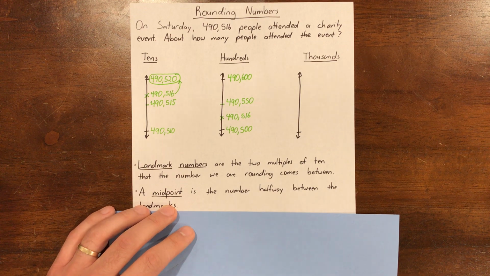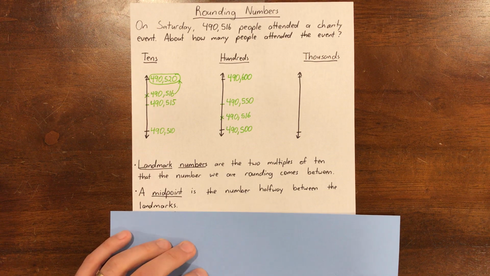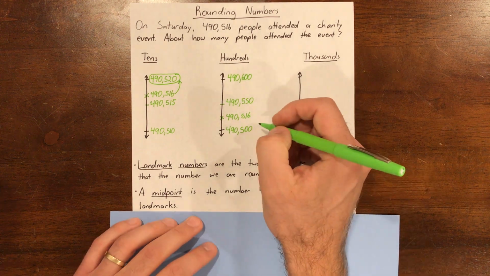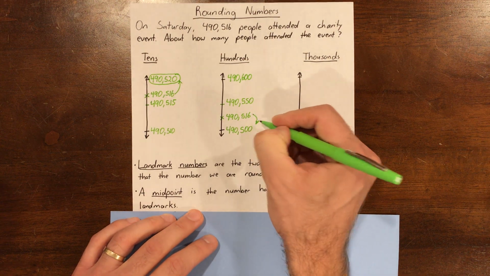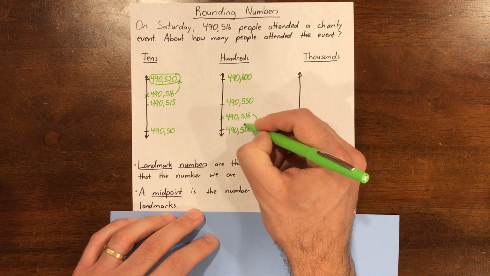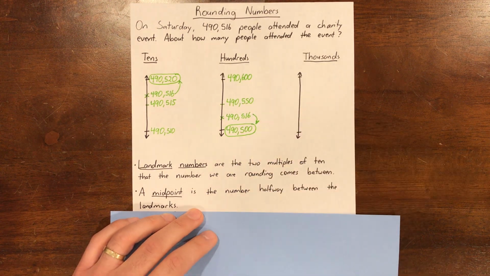So, what is 490,516 rounded to the nearest hundred? How do you know? Say it out loud. Yeah, 490,516 rounded to the nearest hundred is 490,500 because that is the hundred that this number is closest to.